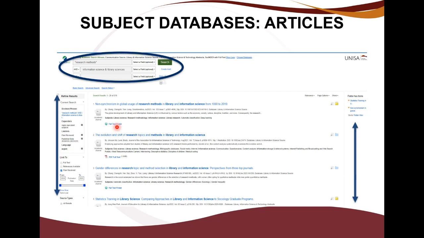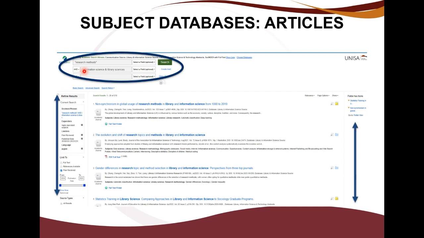So just make sure that when you put your research methodology or methods, you put this in quotes, meaning you want research and methods to appear next to one another. So I've put research methods in quotation marks because I want the two terms, when the system searches, to always be next to one another.